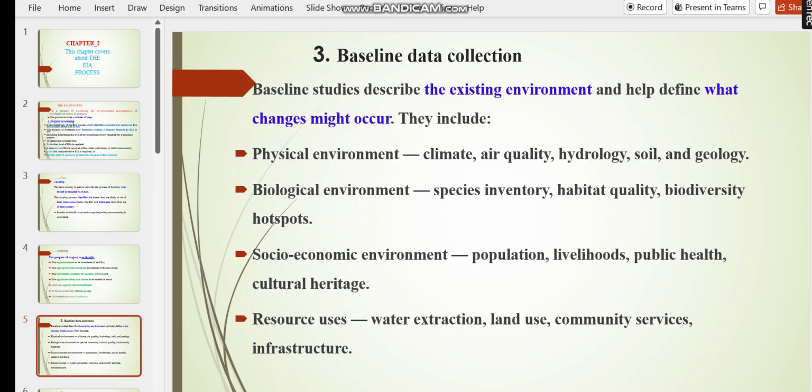The third step is baseline data collection. Baseline studies describe the existing environment and help define what changes might occur.